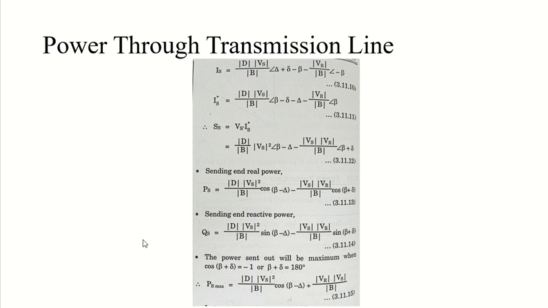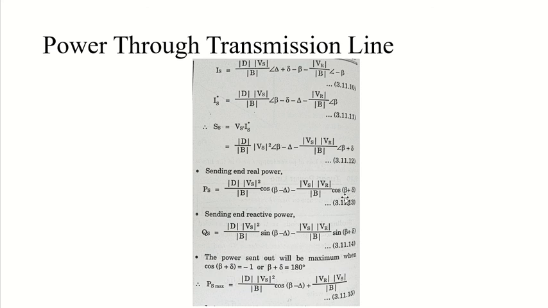Now to find the maximum power, you have to consider that cos of beta plus delta is equal to -1, and the angle beta plus delta should be 180 degrees. So in the equation of Ps, the second term, the angle of the second term, beta plus delta, should be 180 degrees.